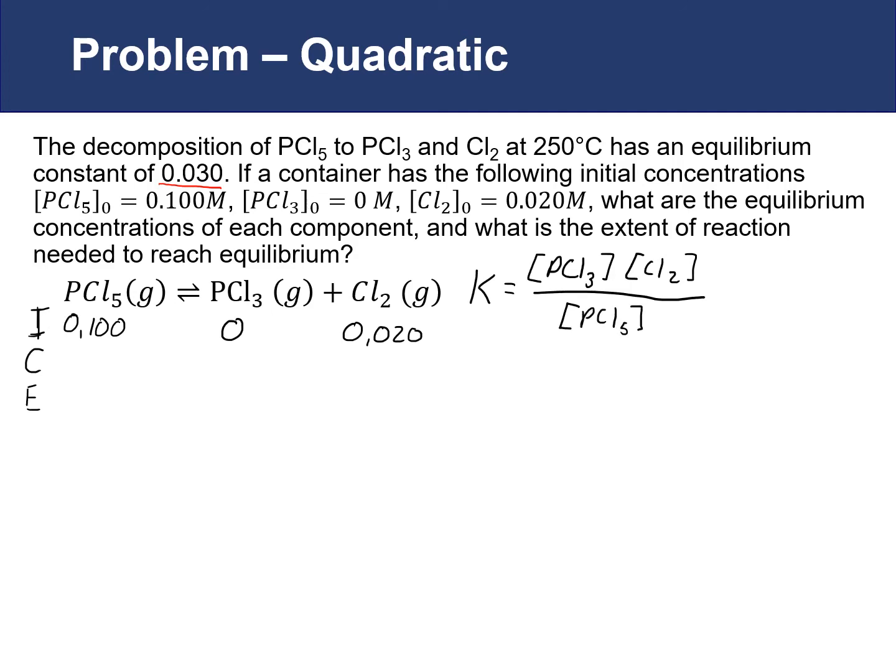So if we plug our values in to see where we're at, to try to determine what the Q value would be, you can see that we would have a 0 located right here for the PCl3, which means the numerator is going to be 0. 0 over any number is 0, and so our Q is equal to 0.